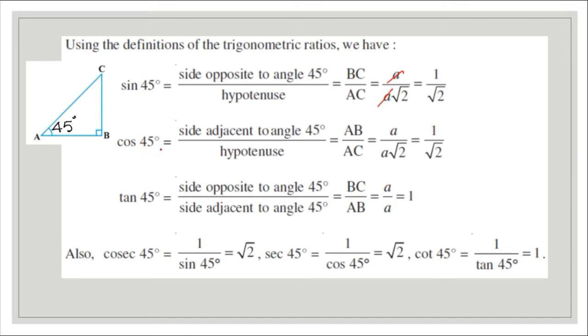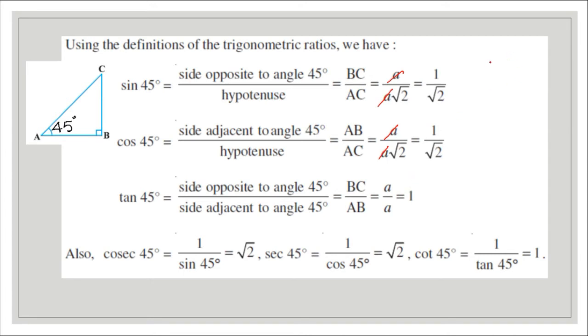Cos 45 degree is adjacent side of angle 45 degree by hypotenuse. Adjacent side is AB, hypotenuse is AC. Again A gets cancelled, we get the ratio as 1 upon root 2. Tan 45 degree is opposite side by adjacent side, BC upon AB, they both are equal to A, so the ratio becomes 1.